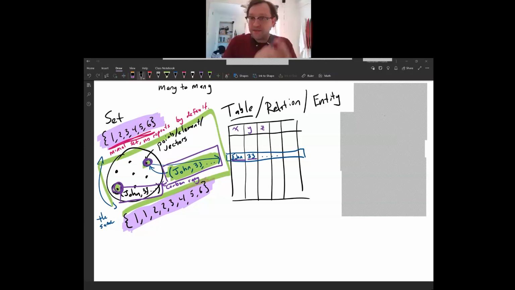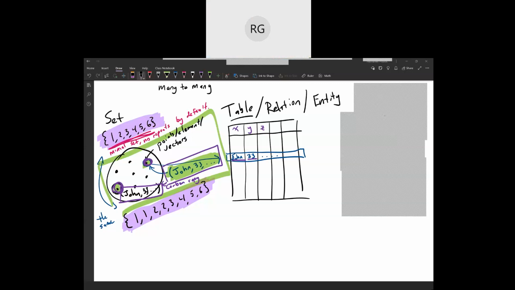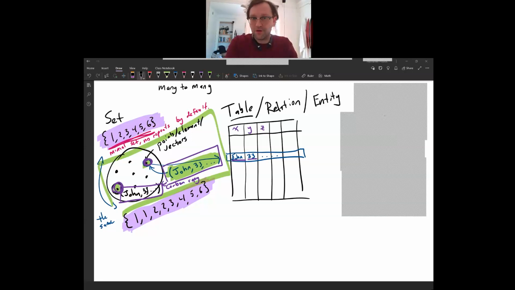Are you following what I'm saying about 2 points being the same in the set? I think so, yeah. Okay. And I'm trying to convince everyone that the set view and the table view should be equivalent. So how would 2 points that are identical appear in a table from the table view?